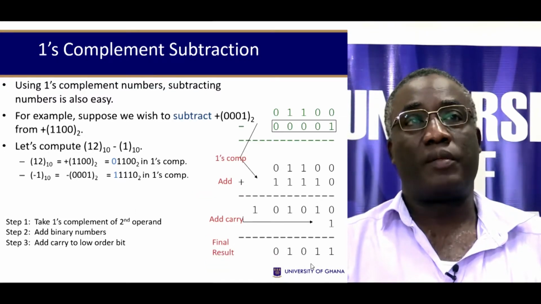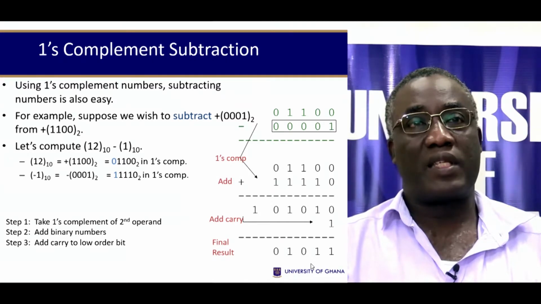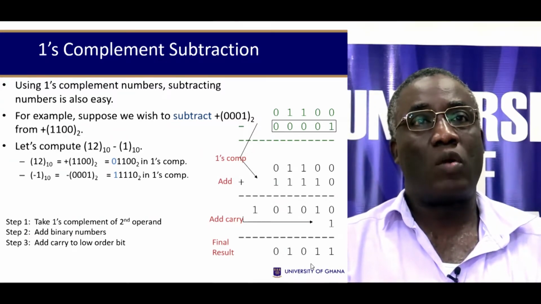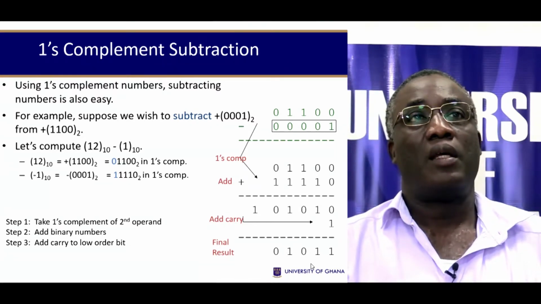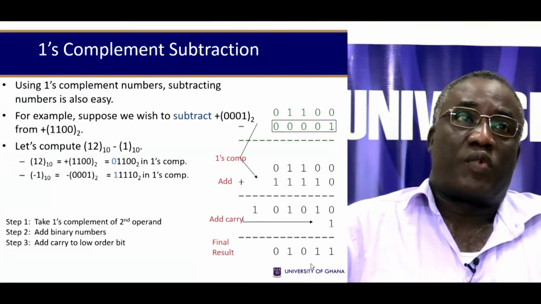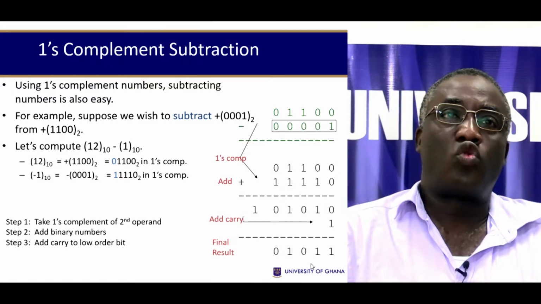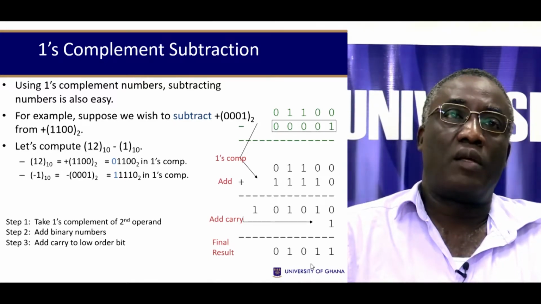What about subtraction? Remember that with the 1's complement, you have a sign bit in which you must put a number there, a 0 or a 1, to indicate a sign. Now, if you are doing a 1's complement subtraction, say you wanted to subtract 1 from 12, okay?